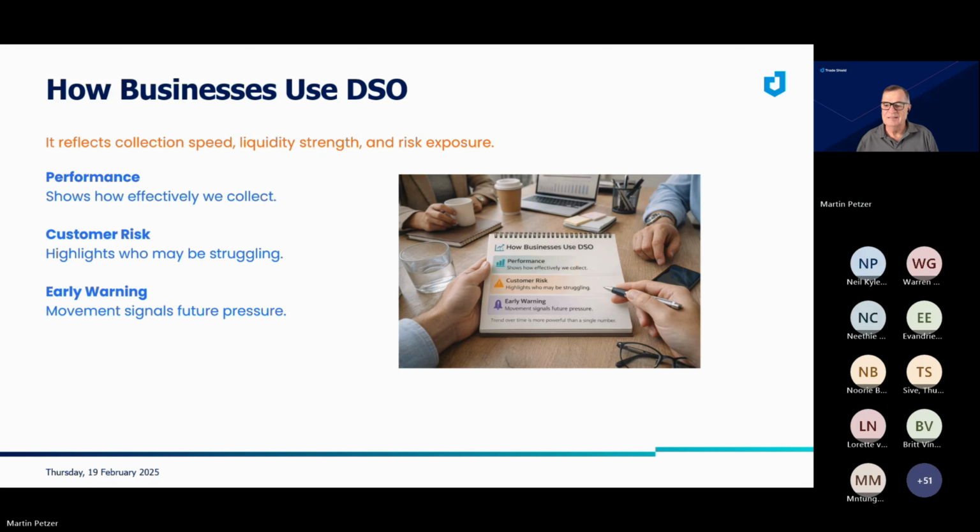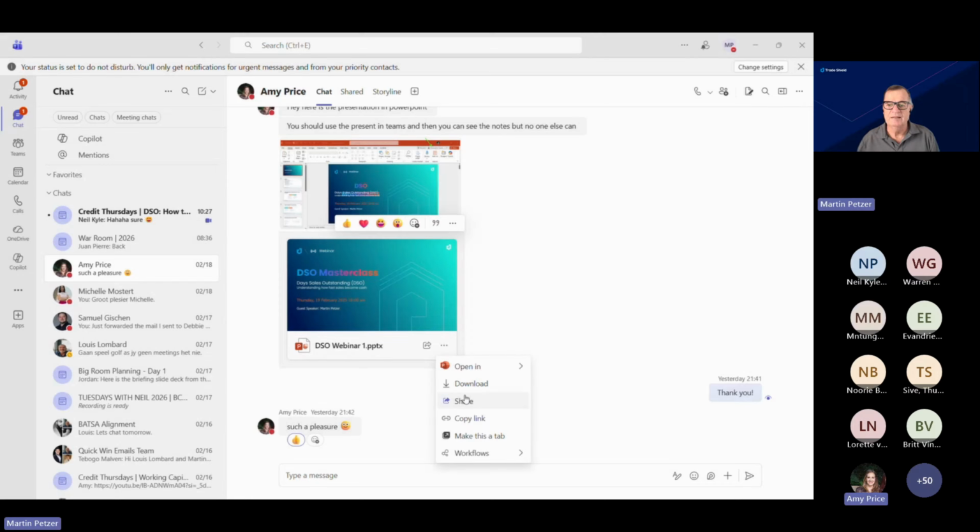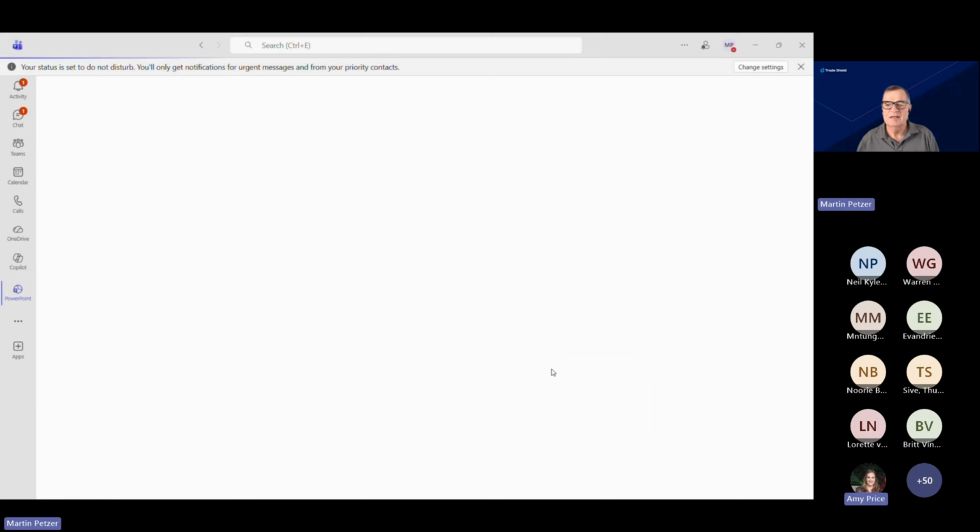If you go back down, you should be in your Teams. Okay, now you're unshared with us. Click on those three dots. Open in desktop or in Teams.